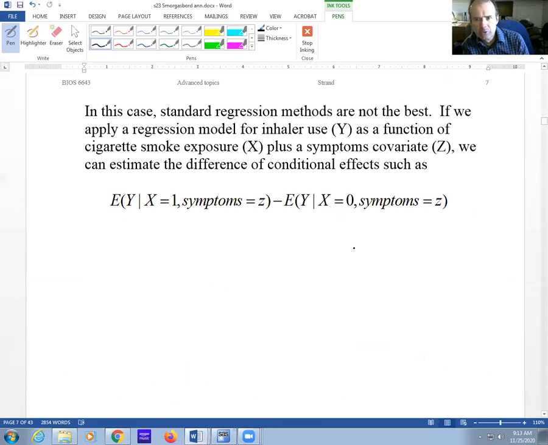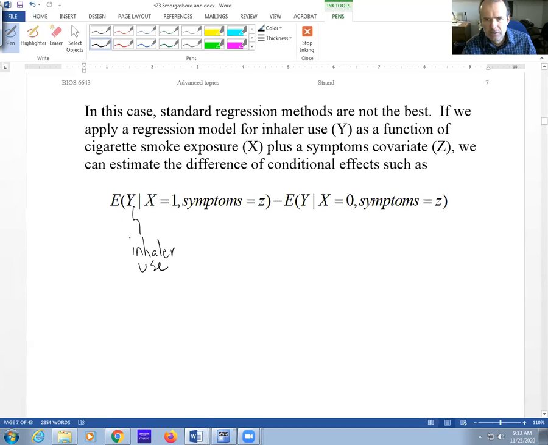So if we use the regression approach, this is what we're doing. We're looking at the expected value of Y, which is expected inhaler use, and X equals 1. I'm just simplifying exposure.